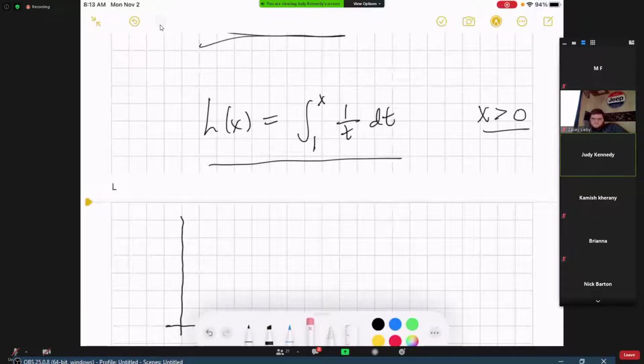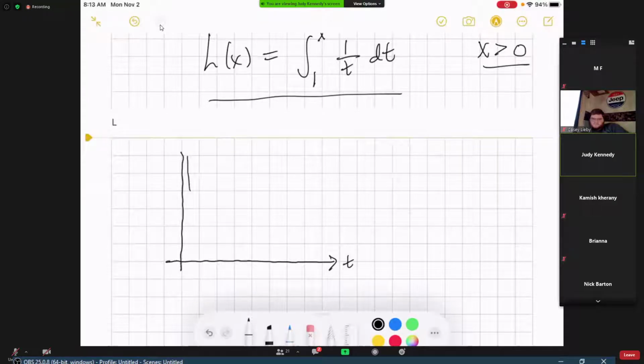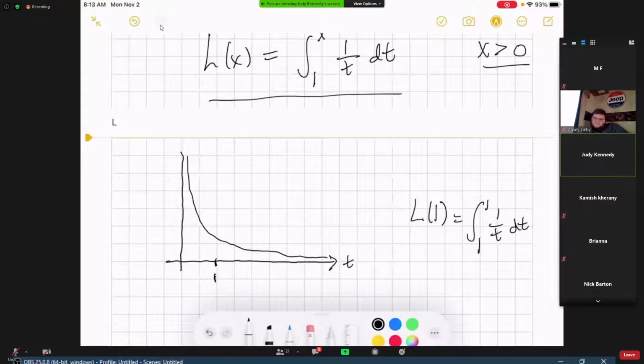Okay, that's a little better. So L of 1 would be the integral from 1 to 1 of 1 over t dt, which is basically given the area of that little vertical line segment. In fact, from the properties of integrals, we know that that's 0.